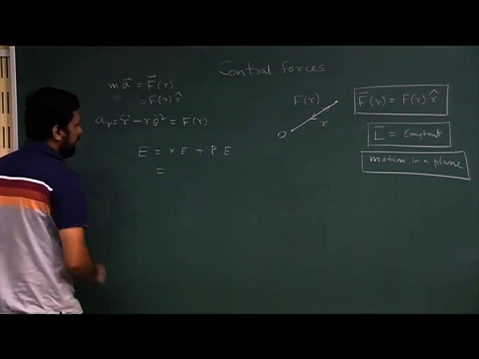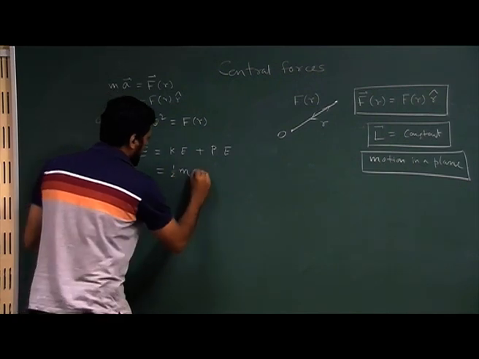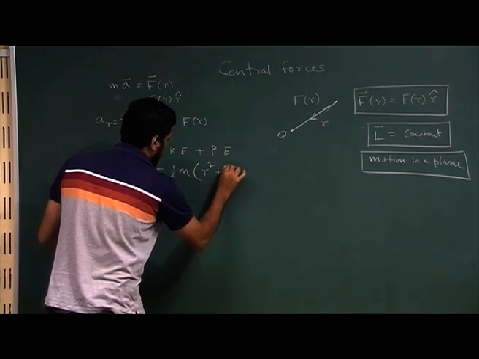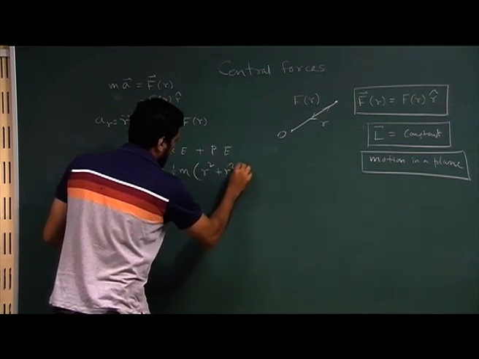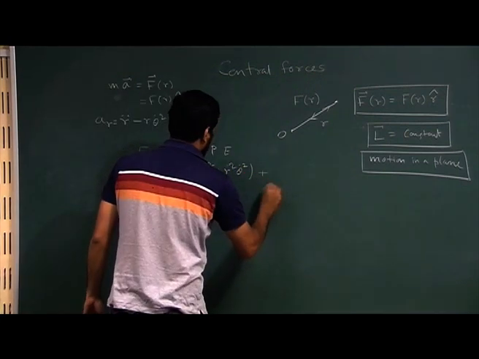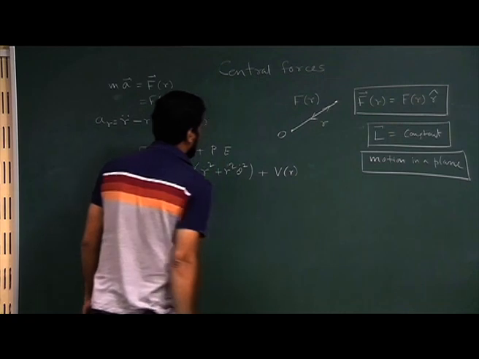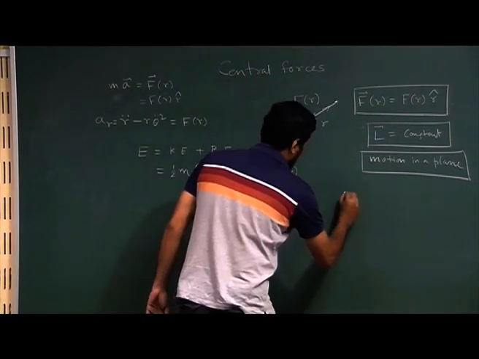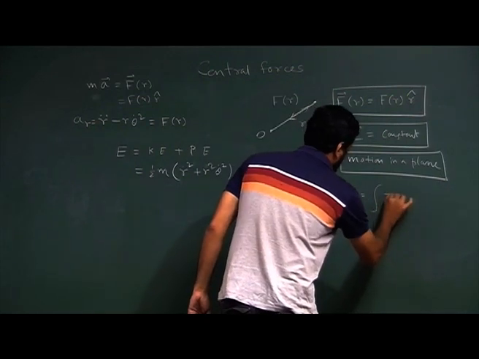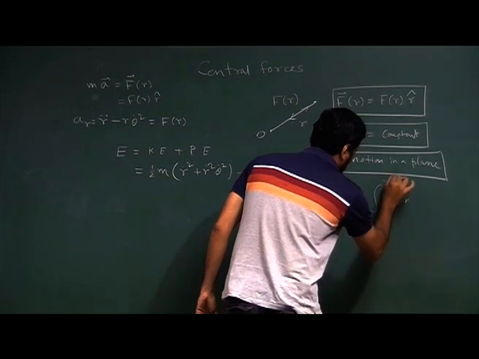Kinetic energy will be half m v square, where v square is r dot square plus r square theta dot square, plus potential energy V of r, where V of r is the potential function, which is given as integration of F dot dr from infinity to r.